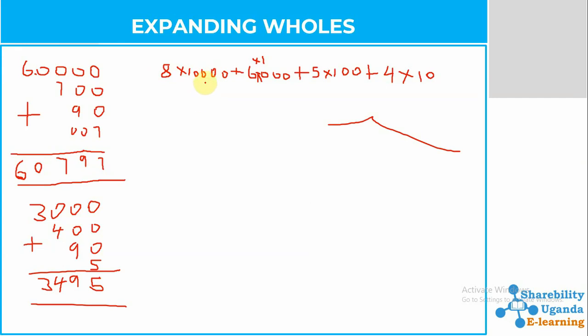So for us to write this number in a short form, as we have arranged it here, what is 4 times 10? 4 times 10, that is 40. Okay, so this is going to be our 40. Then this is going to be our 500. This is going to be our 6,000. Okay, this is going to be our 80,000.